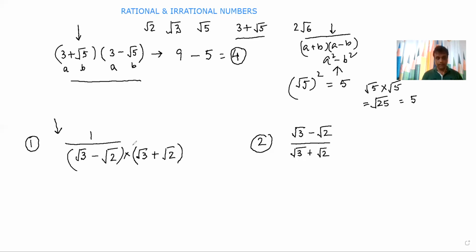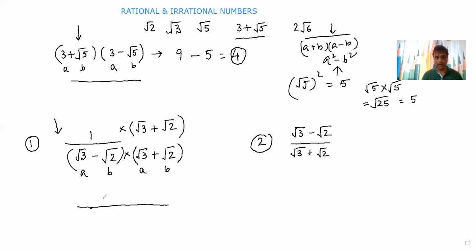Now, very important to understand is that when we are multiplying with a number in the denominator, we will have to multiply with the same number in the numerator. Isn't this right? Now, this is A, this is B, this is A, this is B. A minus B, A plus B.